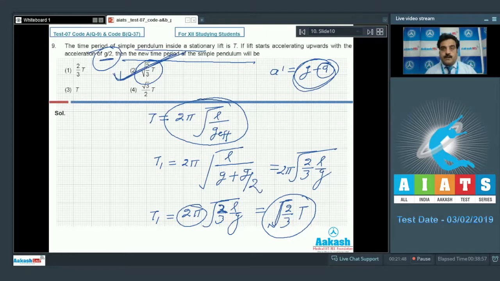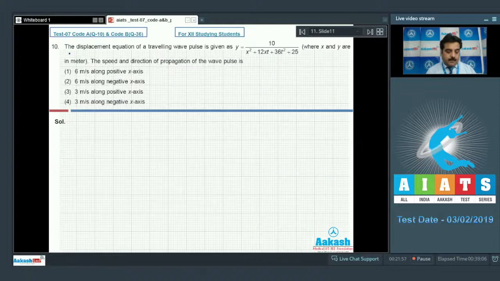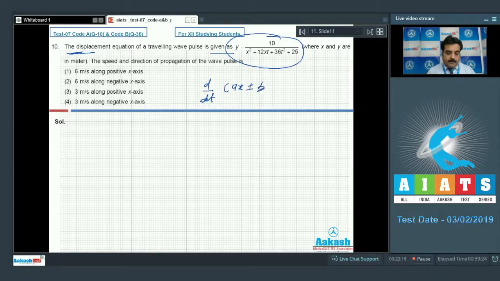So let's move on to question number 10. In the question number 10, the displacement equation of travelling wave pulse is given by this, where x and y are in meter. Find the speed and direction of propagation of the wave pulse. We know d over dt of a function of position and time, f(ax plus or minus bt), will be equal to 0.